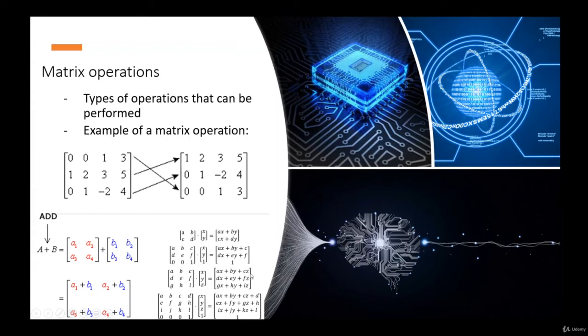It will not make sense. So here we have a 2 by 2 and you can perform an addition. You will add the first number with the first number, the second number with the second number, and same thing right here, third number with third number, fourth number with the fourth number. As you can see, it's pretty simple to do.